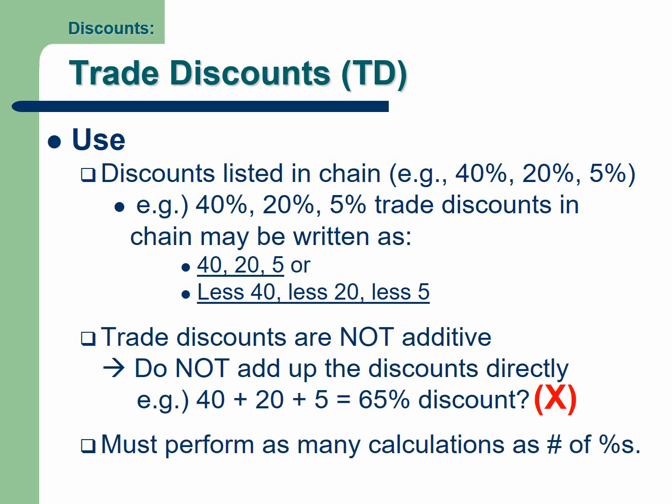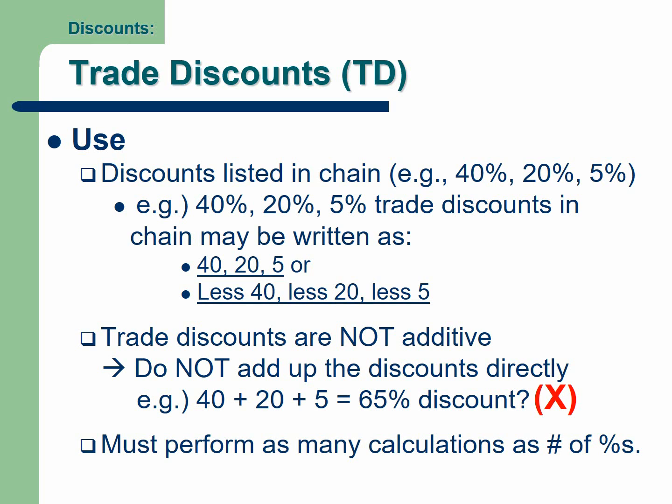When you apply this series of trade discounts given in chain, the way we calculate them is not additive. That means if the vendor gives you less 40, less 20, less 5, that does not mean you're going to get 40 plus 20 plus 5, so 65% discount.